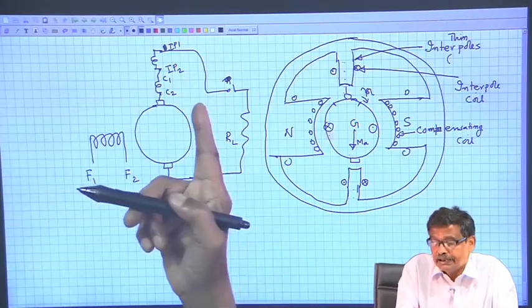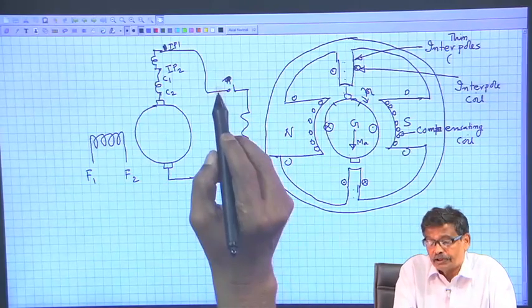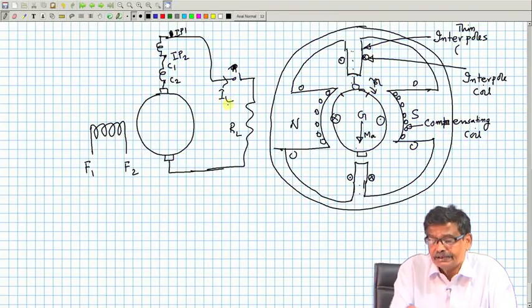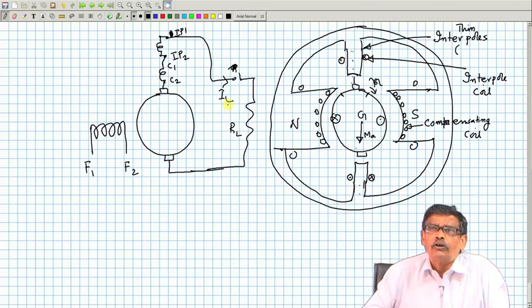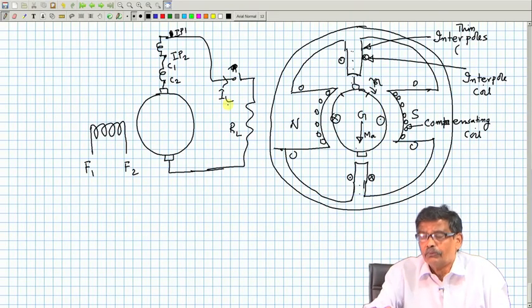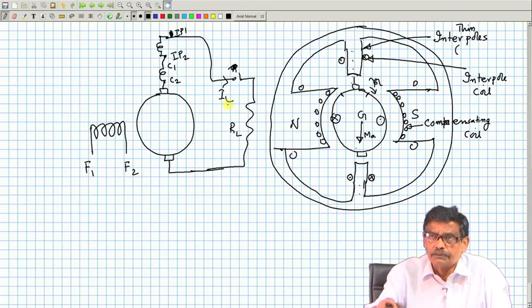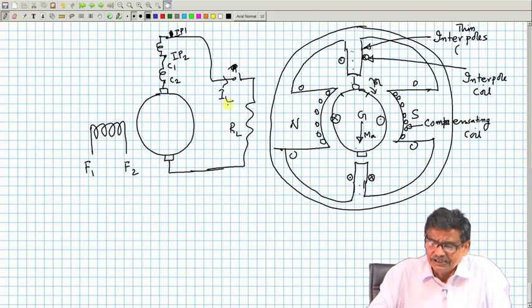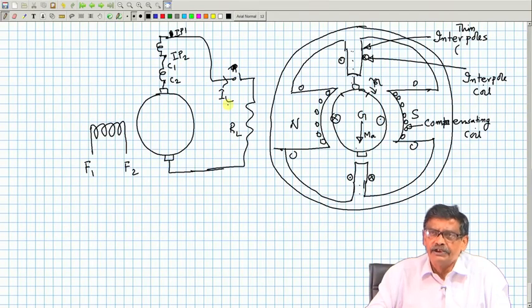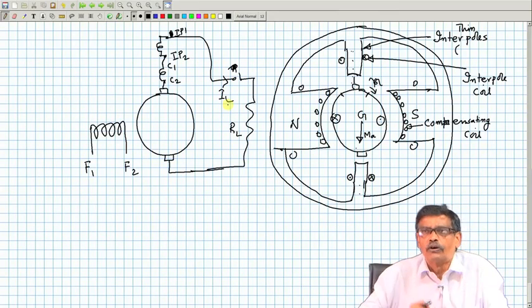That is why you have made it dependent on the load current, so that it can compensate for all the currents. Of course, I have not told how to calculate the number of turns of interpoles, compensating coil, etc. If possible, I will tell you, but the physical reasonings are very important. Then only you go for computation.